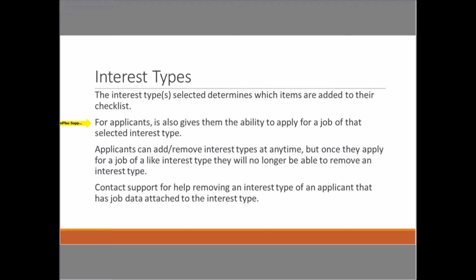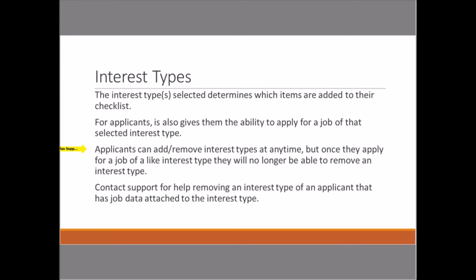A big thing that happens is sites requesting help with removing interest types or adding interest types. So the way it works is applicants can add and remove an interest type at any time, except for after they apply for a job of that interest type. And it comes down to a couple of reasons.